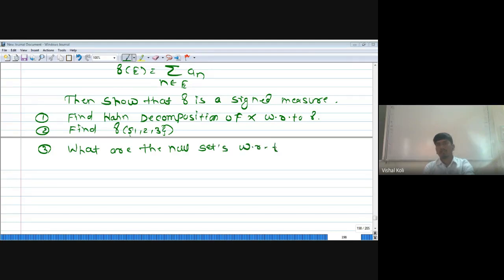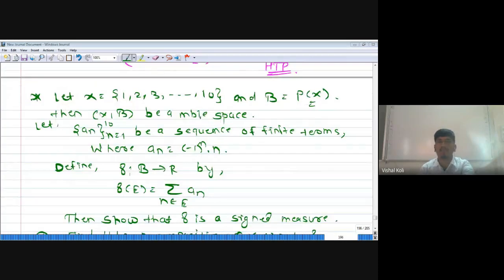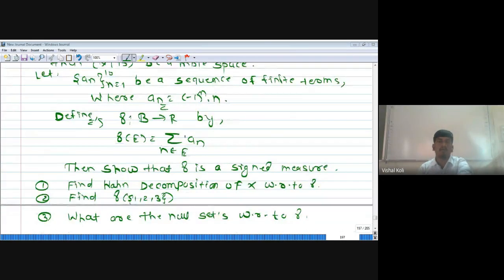Okay, so already we have capital X comma curly B a measurable space, and there is one sequence whose nth term is nothing but a_n equal to (minus 1) to the power n into n, and we have defined one function gamma from curly B to R by gamma of E equal to summation over n belonging to E of a_n, and now we have to check first whether this gamma is a signed measure or not.